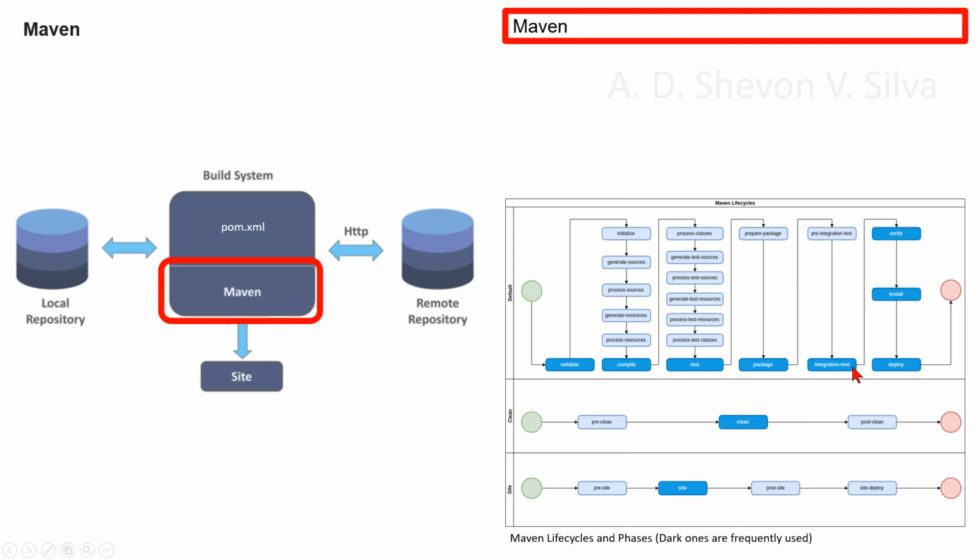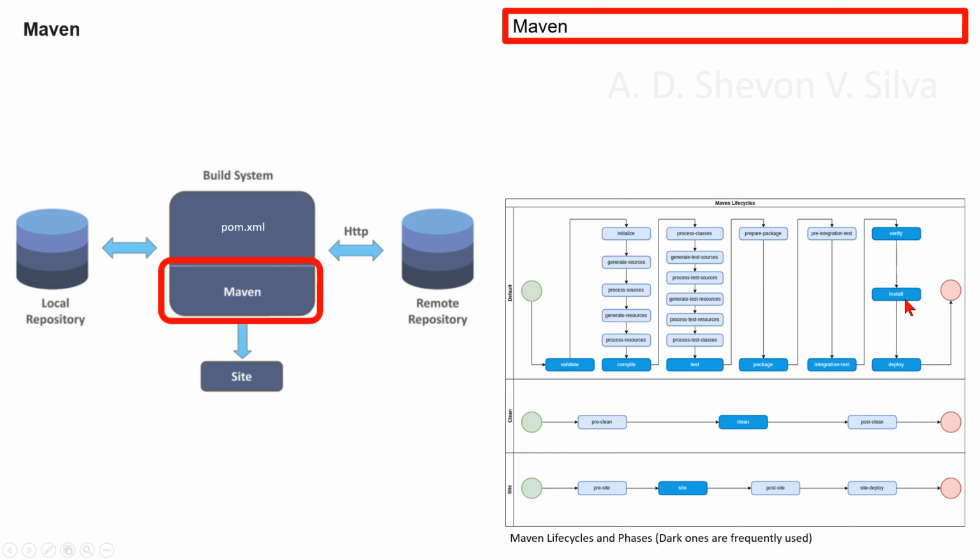And there's another phase called post-integration test. It's not shown here. Perform actions required after integration tests have been executed. This may include cleaning up the environment. Then verify: run any checks to verify the package is valid and meets quality criteria.